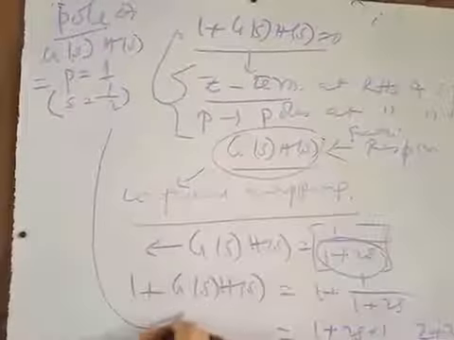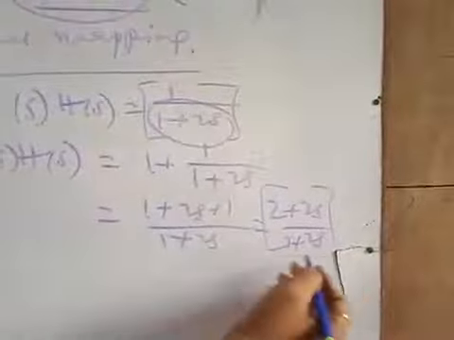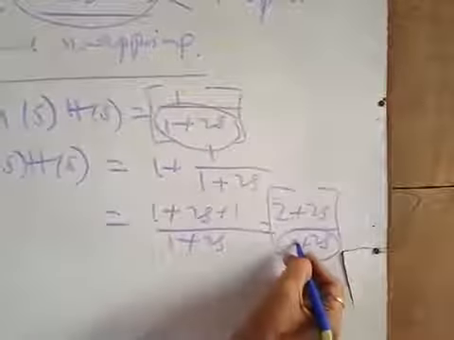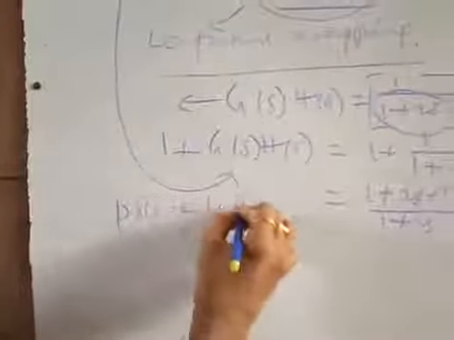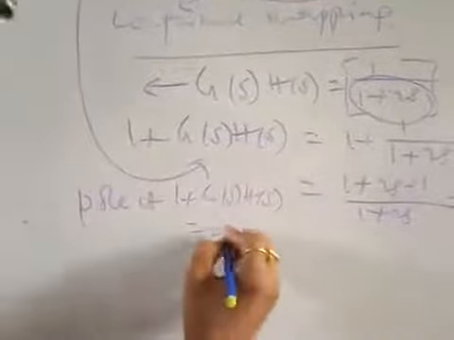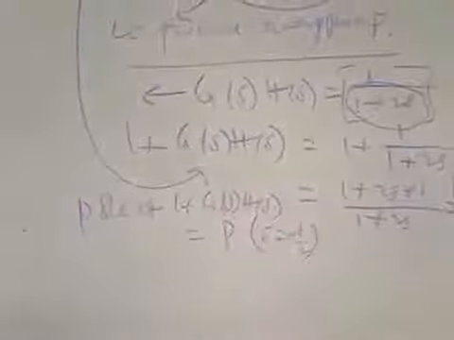Similarly, 1 plus G(s)H(s) is equal to (2 plus 2s) by (1 plus 2s). From there you get the pole position. Similarly, the pole of 1 plus G(s)H(s) is the same, P equal to 1, and that is also at s equal to minus half.